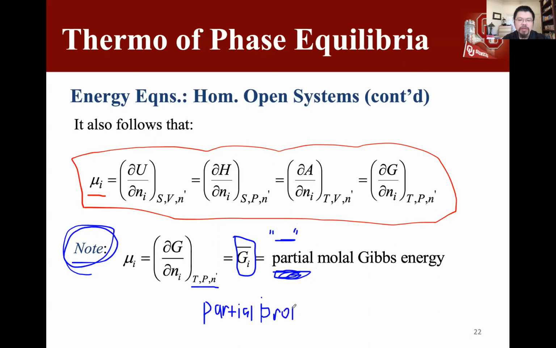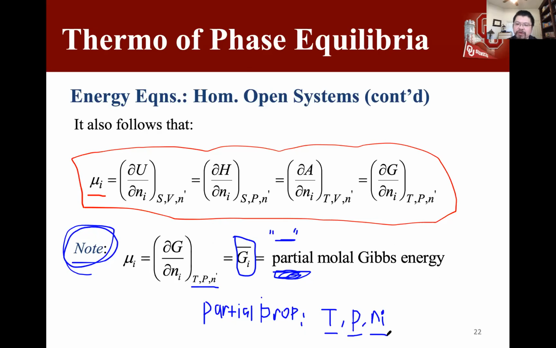So the definition of partial property, whether it's partial volume, partial Gibbs energy, partial internal energy, partial enthalpy, or partial entropy, any partial property is defined at temperature, pressure, and n_j, which means any partial property is a function of temperature, pressure, and composition.